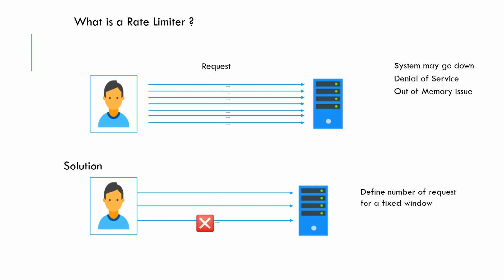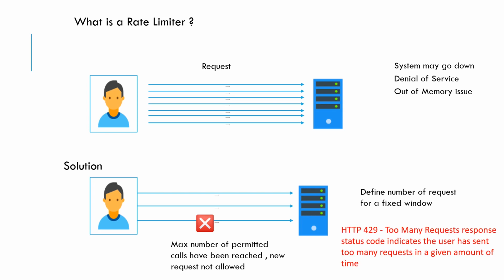For every client, you can define, based on some pricing model, how many requests you can take in a fixed window. If there are more requests than that in that window, you can simply deny them: I have got too many requests, the maximum number of permitted calls has been reached, and new requests won't be allowed at least for this window.